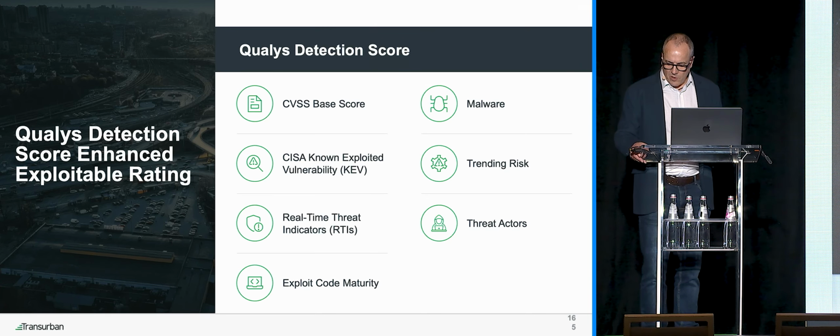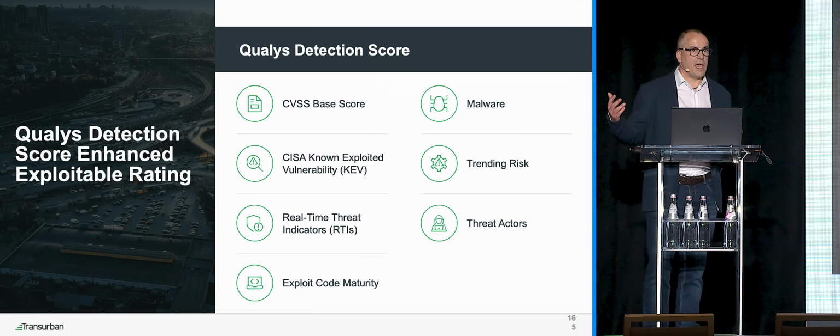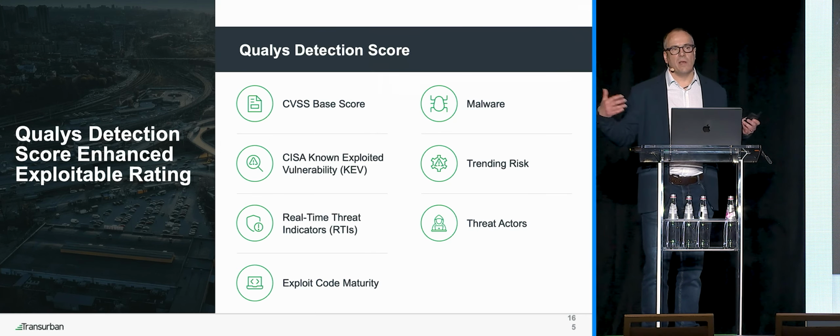So in ServiceNow vulnerability response, because we have vulnerability response rather than VMDR, we had a trial of VMDR, but we had vulnerability response, so we stuck with that just for this exercise.